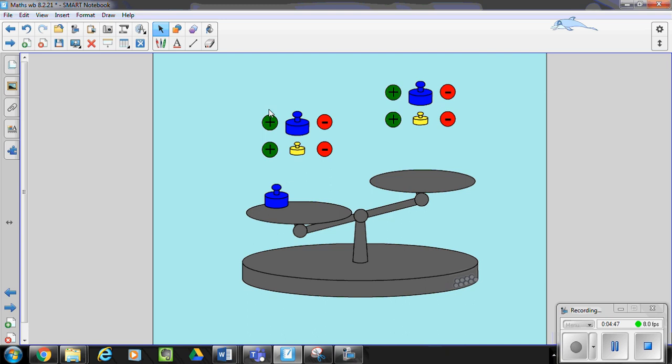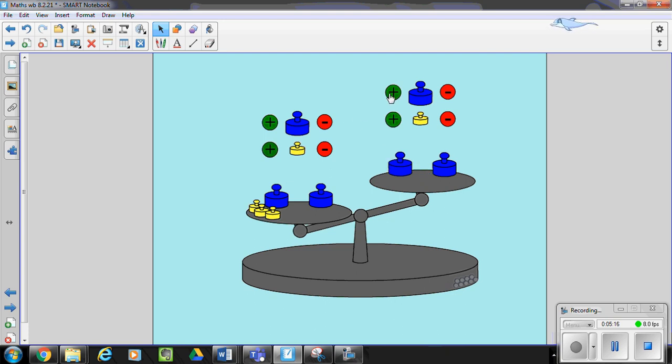I'm going to add some weights onto this side and weights onto this side. What do you notice that's happened now? So this time the scale has gone down this side. So this side is the heaviest, the opposite to heaviest is lightest. This side is the lightest. So this side is the heaviest and this side is the lightest.